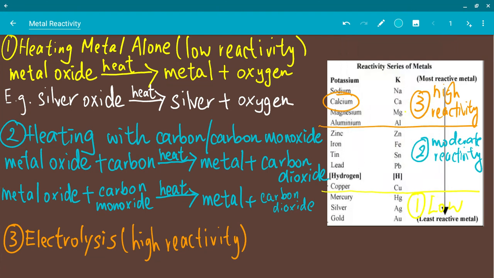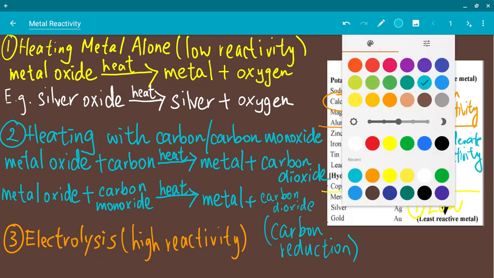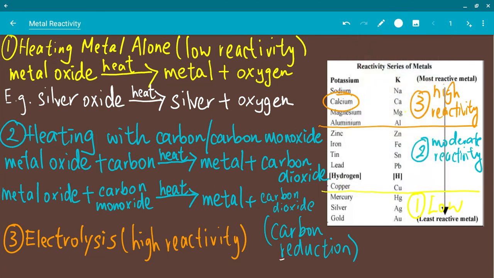However, before we go, one more thing to introduce. For method number 2, sometimes we call it carbon reduction. Why do we call it carbon reduction? Because first of all, the name carbon comes from the fact that we're heating it with carbon. The second word, reduction, is because you're reducing something.